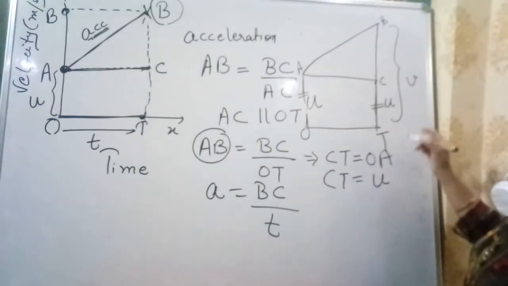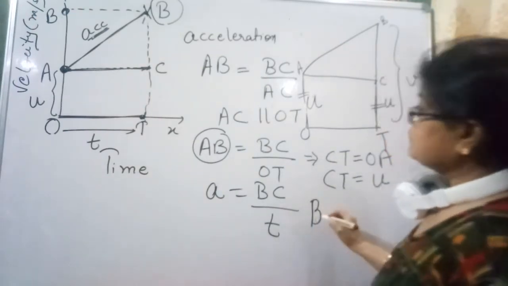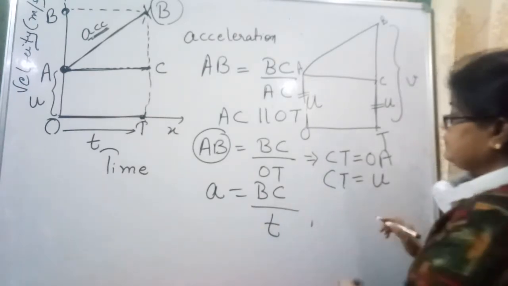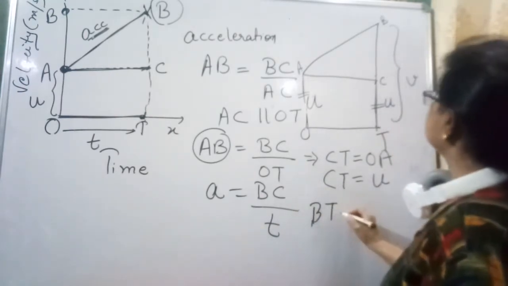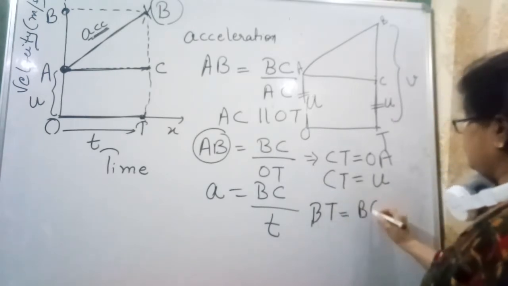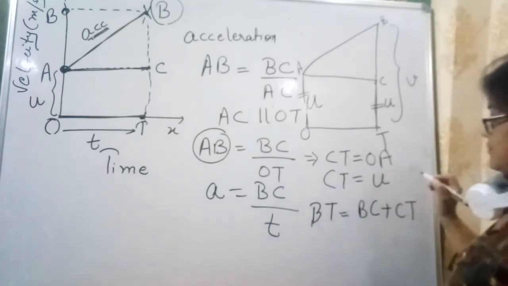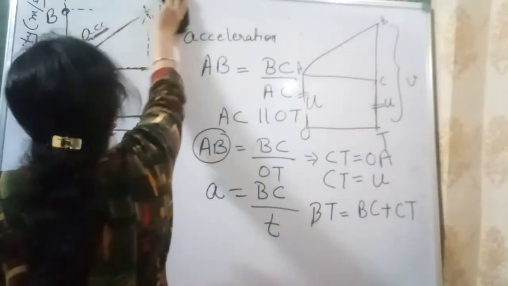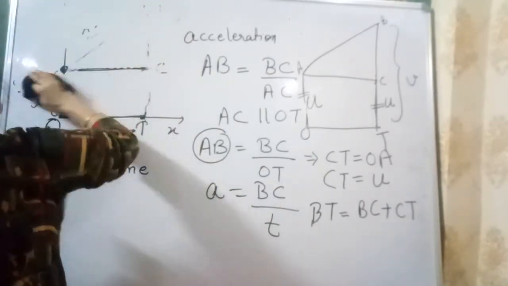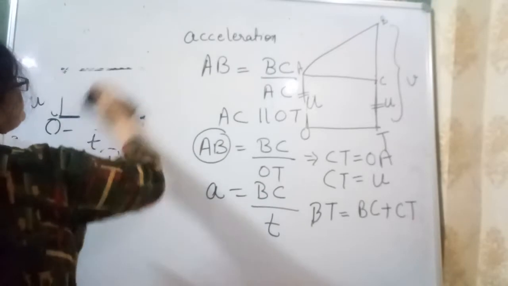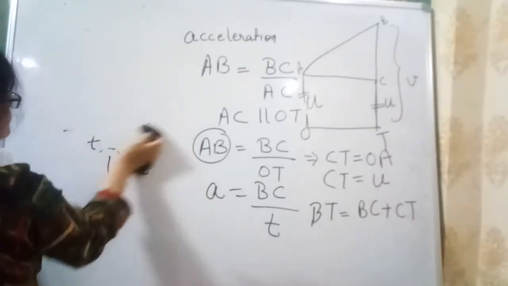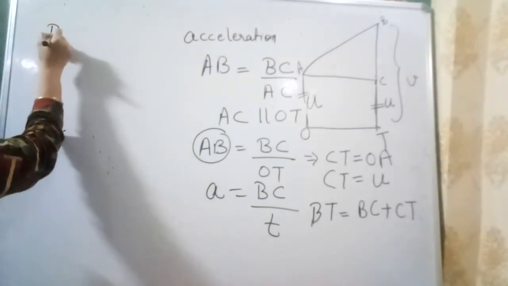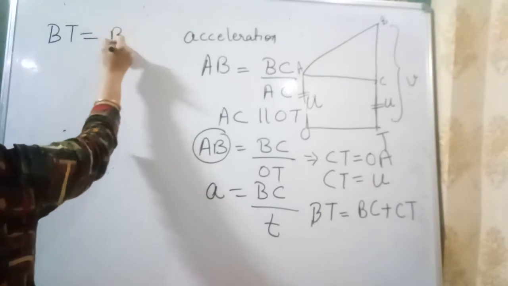Clear? Now, BT. BT is equal to BC plus CT. Clear? Now we have BT is equal to BC plus CT.